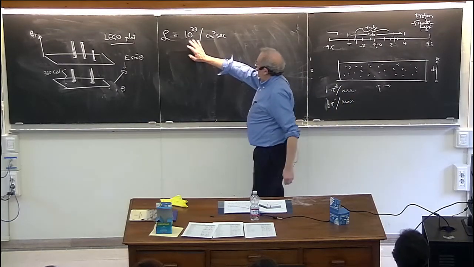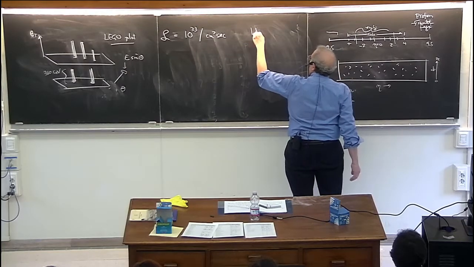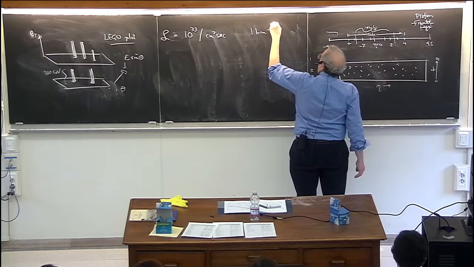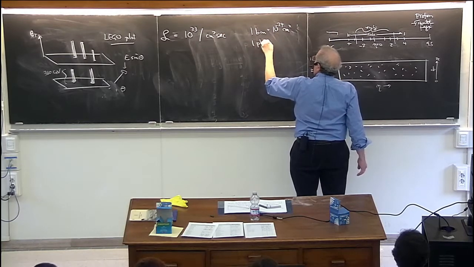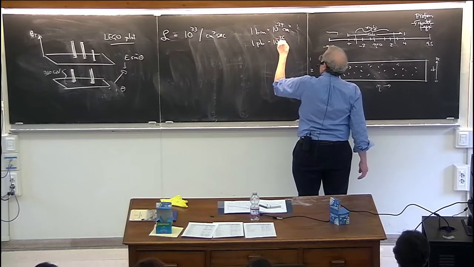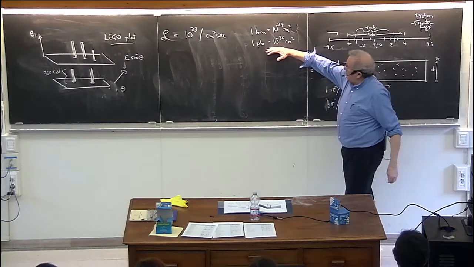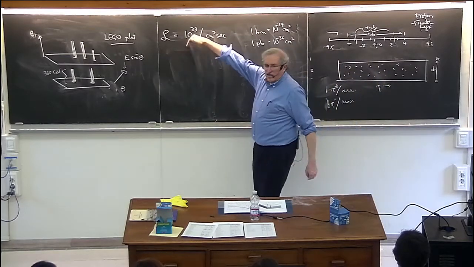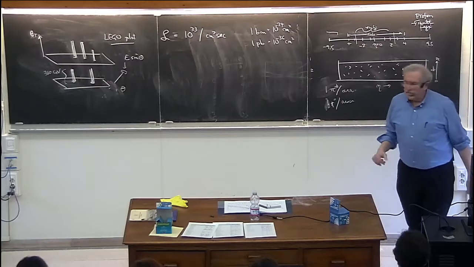What you need to do is to take this and the statement that, for example, one barn is 10 to the minus 24 centimeters squared, or one picobarn is 10 to the minus 36 centimeters squared. And you multiply a cross-section in barns by the luminosity in these conventional units to get an event rate.